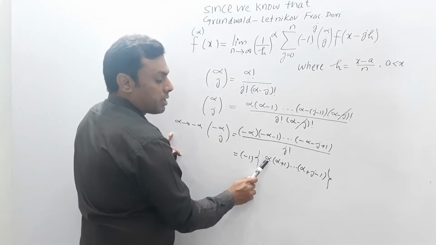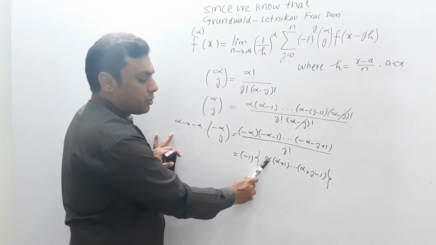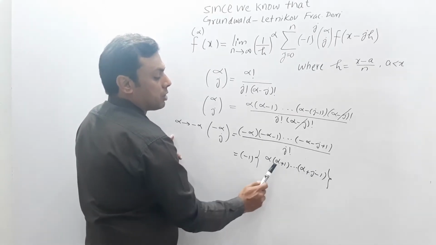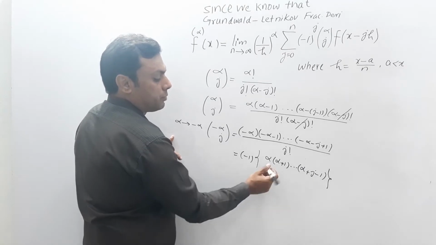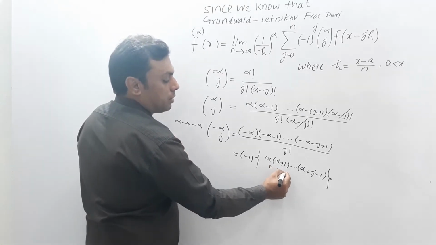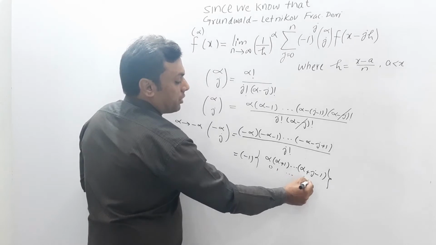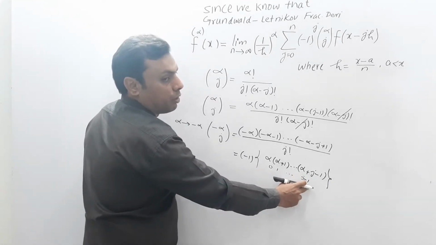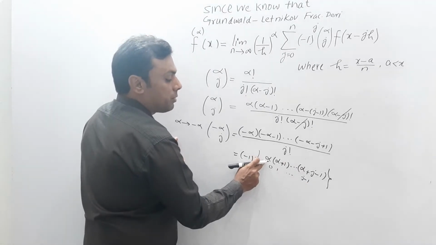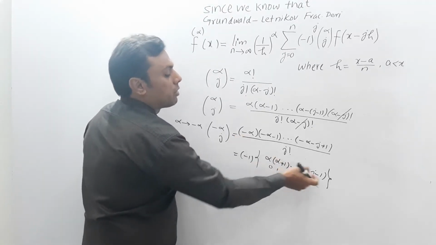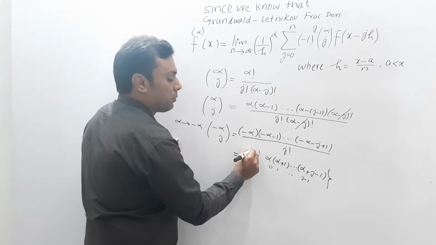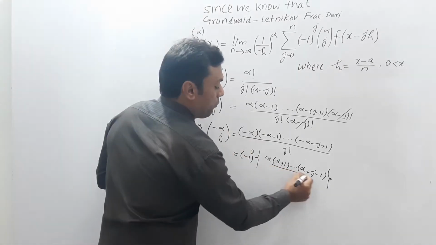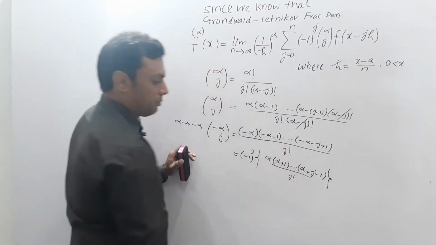Now we can count how many factors there are. Starting from here it is alpha, we can say alpha plus 0, then alpha plus 1, and so on till alpha plus j minus 1. So starting from 0, 1, and so on up to j minus 1, there are j factors in total. So we took negative 1 out common j times, which means negative 1 to the power j, and in the denominator j factorial will remain as it is.